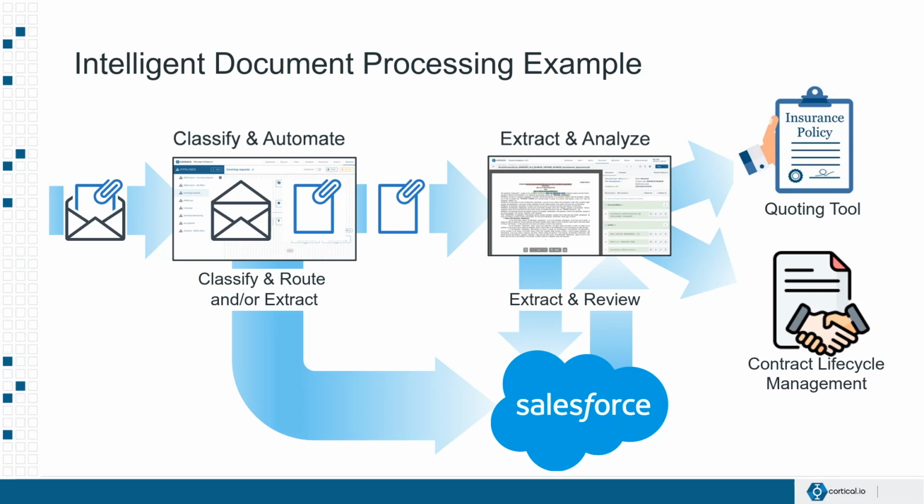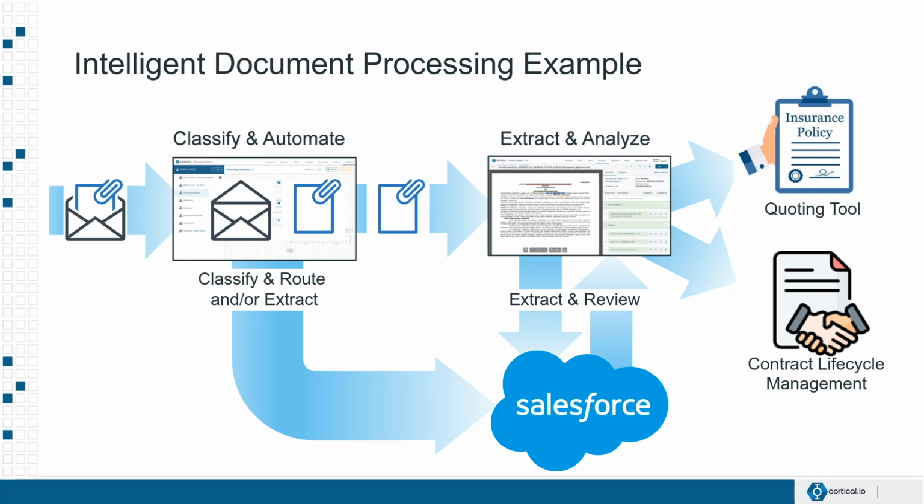All right, so let's jump into what we're going to cover today. This is an example that we see in insurance and in shipping and logistics, where an email comes into a general or regional mailbox with a request, in this case, for a quote.